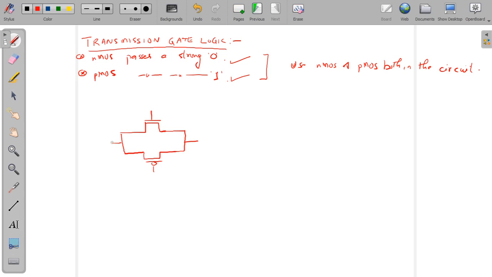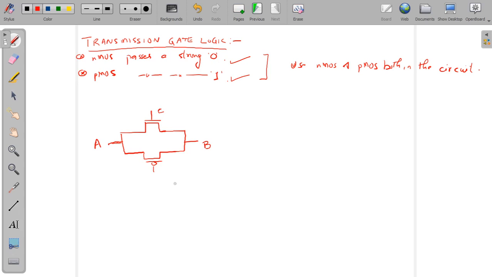And the input will be provided at the common input. Let's say this is the input A, and the output will be taken at this terminal. Let's say this is the output, maybe Y or F. And let's say this is the control signal that is fed at the gate of the NMOS pass transistor.